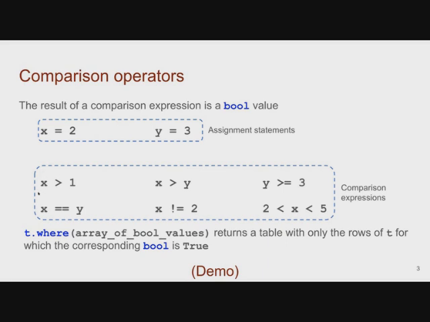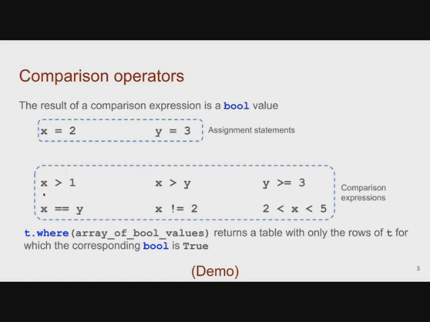So if x is an integer, x has some value. To evaluate this expression, it's going to evaluate whatever x is, and then it's going to do a test. Remember, x is a name for something we previously stored, so it has a value.